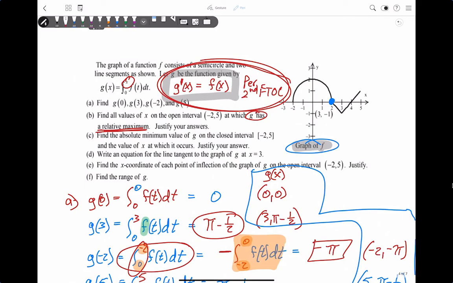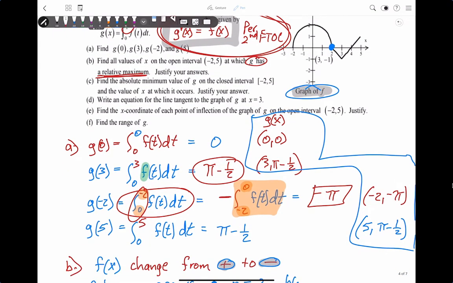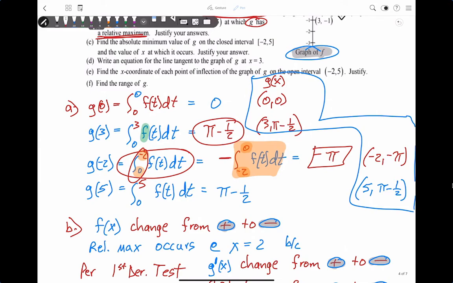Okay, so all we wanted to know were the x values, and we're good to go because that's the only place where it does occur. Okay, and this is going to be a relative maximum. You're going to say per first derivative test. Because remember, first derivative test aims to find relative maximums and relative minimums.